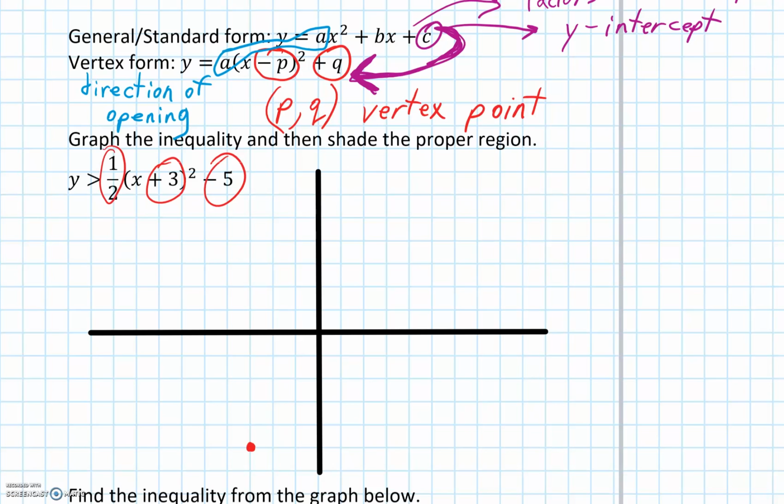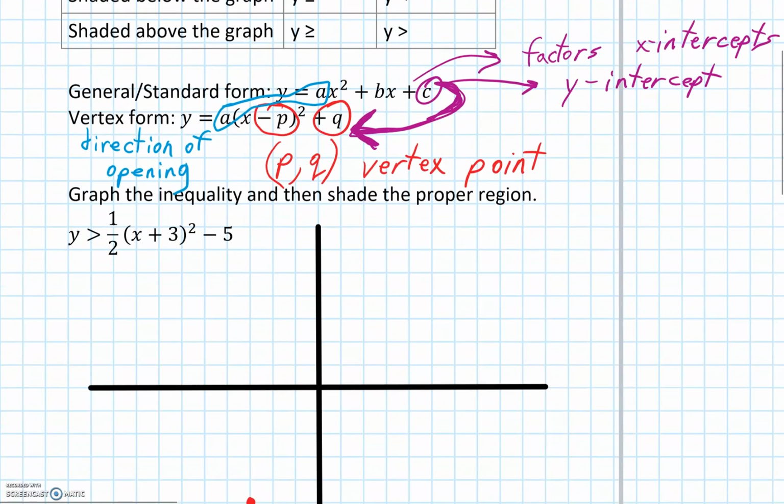Let's look for the y-intercept by expanding all of this out, because that might be helpful. Might not be the most helpful, but it'll be at least somewhat helpful. So actually, let's expand that other part first. So let's go x squared plus 6x plus 9, and then minus 5.